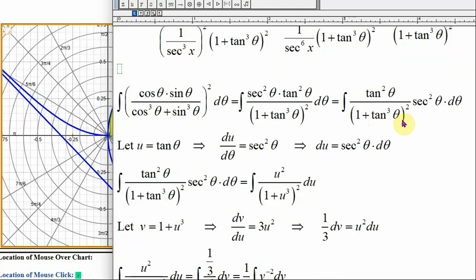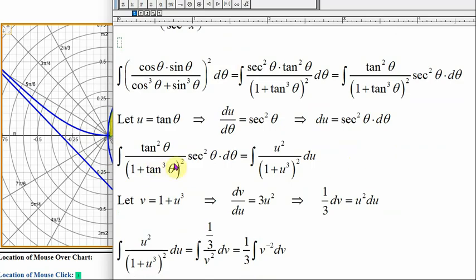And then from here, let u be tangent of theta. Then recall that the derivative of tangent is secant squared. So du d theta is secant squared theta, and then we have du is secant squared theta times d theta.